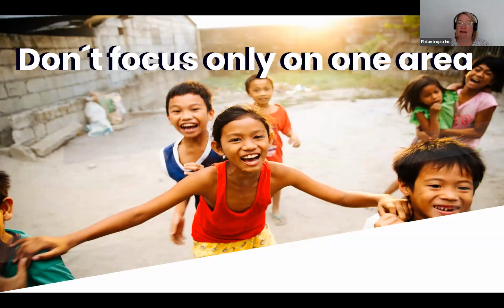But you should also talk about what you are doing to ensure community sustainability, what you're doing to include people in the planning and implementation of your projects, what you are doing to make sure that their voices are heard, and that they feel like they have ownership of the project, that they have a part to say. You also have to show those things, and also the organizational sustainability.